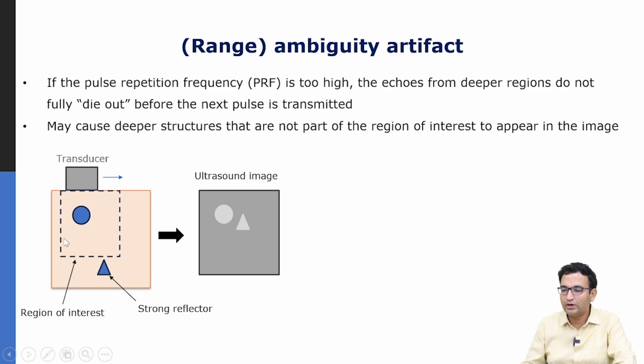My image is only going to have this region of interest and nothing more, but there is a strong reflector located beyond my region of interest, and as I am scanning with this transducer, the echo from this strong reflector reaches me, and I assume this to be part of my region of interest, and I may get an artifact like this where the strong reflector is actually present in the ultrasound image.